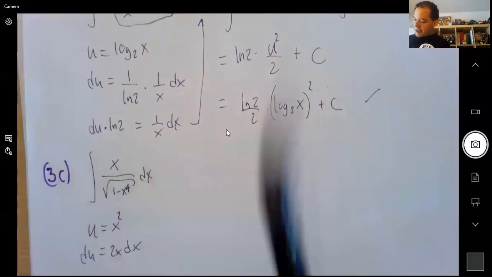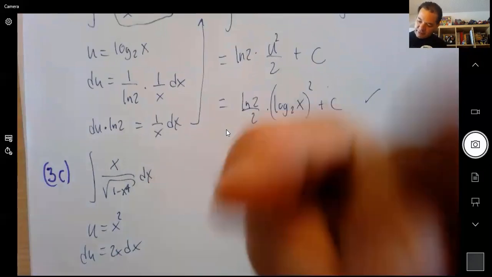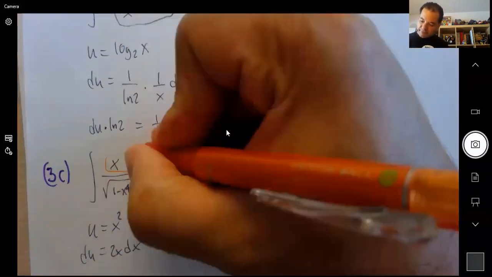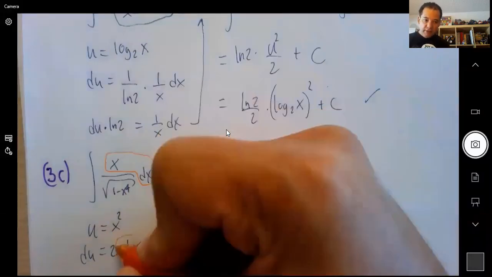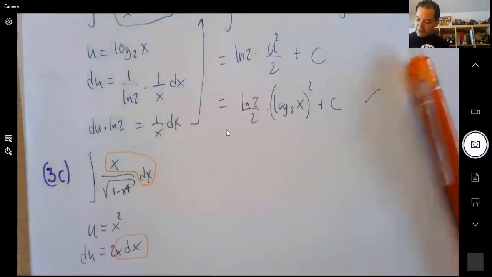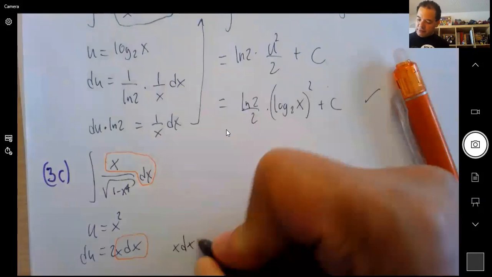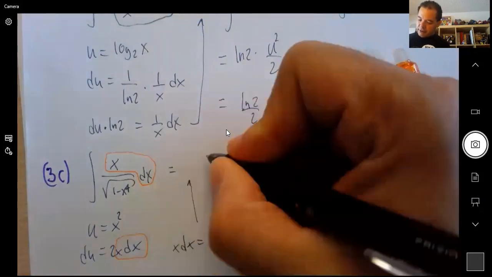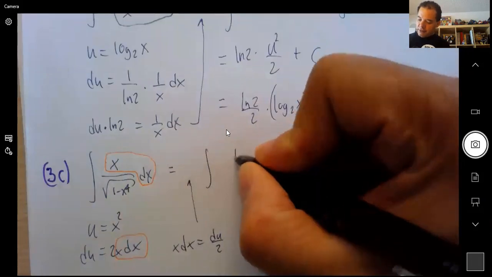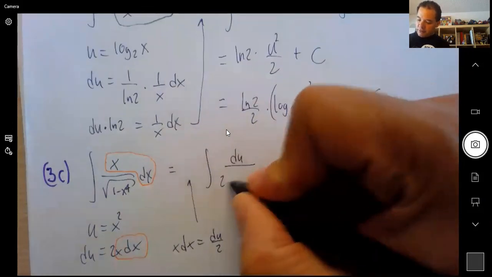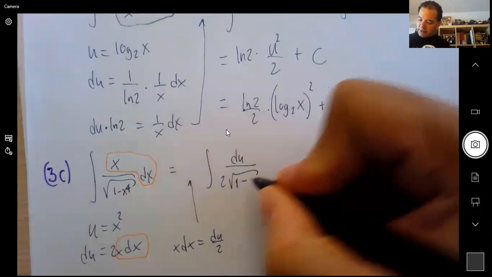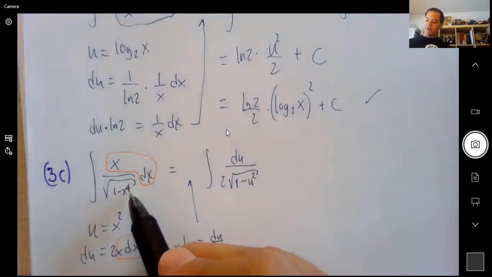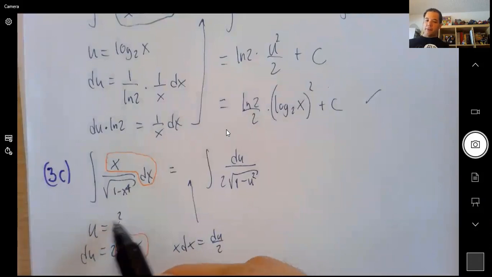And you can tell the x dx is right here, right? So we set x dx to be du over 2, put it in here. So this is the integral of du over 2 square root of 1 minus u squared, right? Because it's x to the fourth, and x to the fourth is x squared squared.